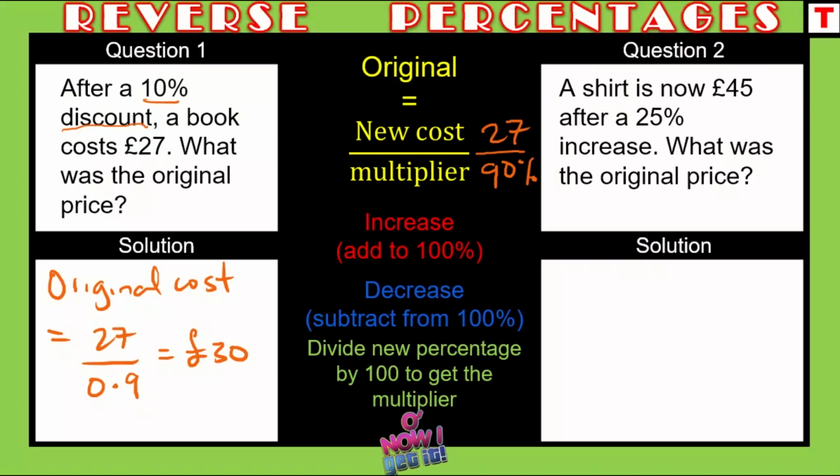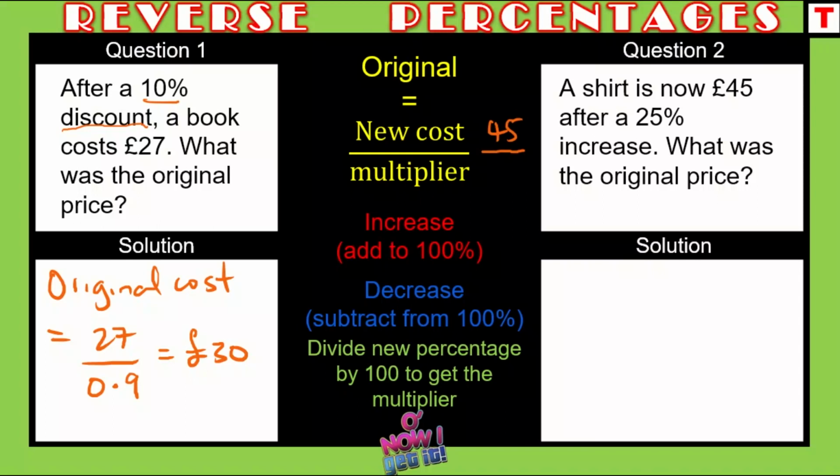Okay, let's have a look at the next one. So it says here that a shirt is now £45. Therefore, the new cost, like what we see here, we can put 45 at the top after a 25% increase.